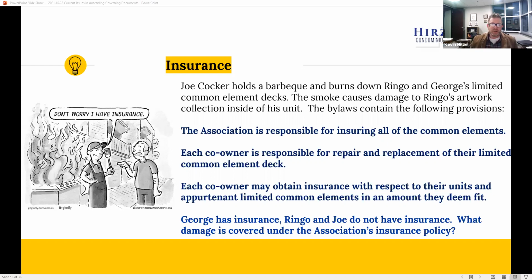So notwithstanding the language that pushes responsibility for repair and replacement of the deck to the co-owners, and notwithstanding that it's a co-owner that caused this, it is possible, depending upon the documents, that the association may be obligated to look to its insurance carrier to make those repairs.